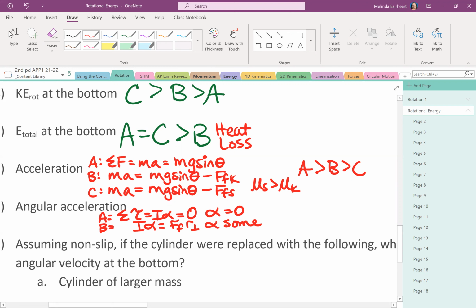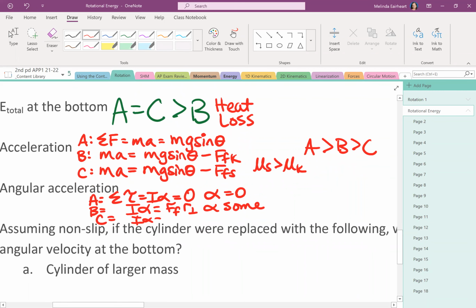It's just not consistent. It's not there 100% of the time. And then C, same I alpha, but this time we have force of friction that's consistently rotating it. It's a consistent grip, so it would be the most.